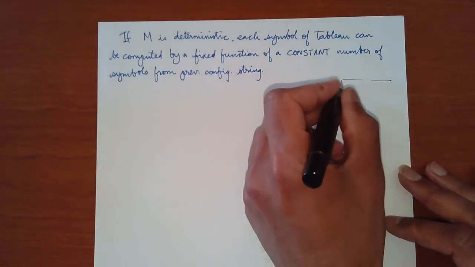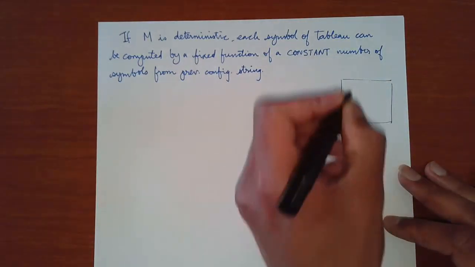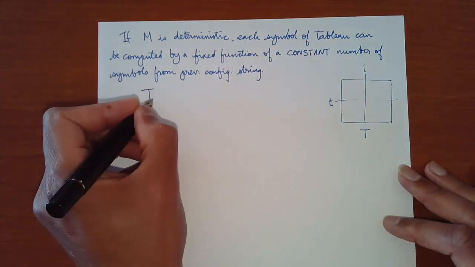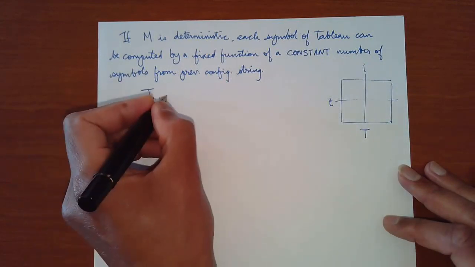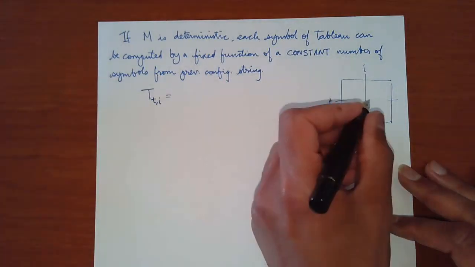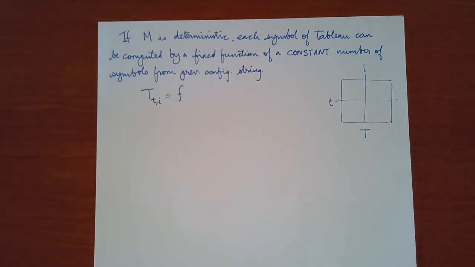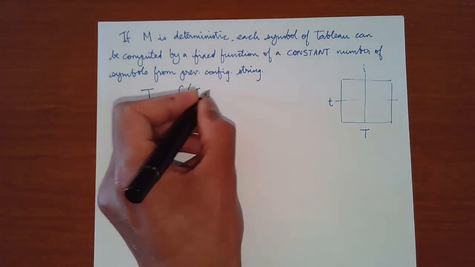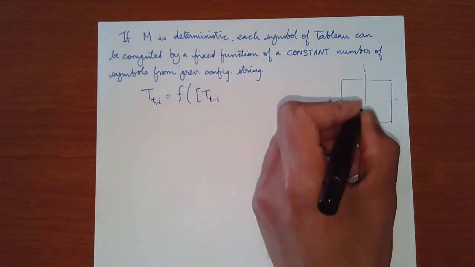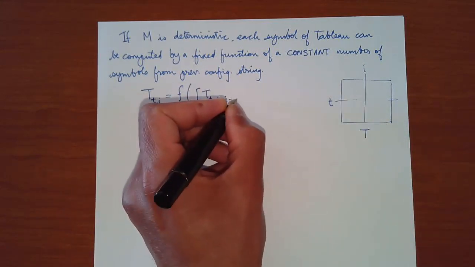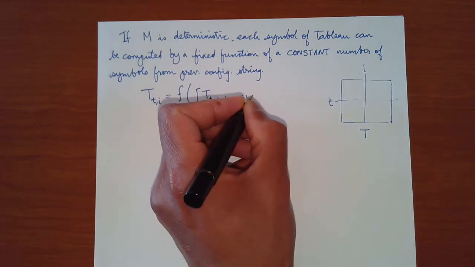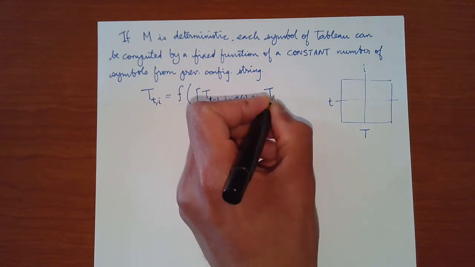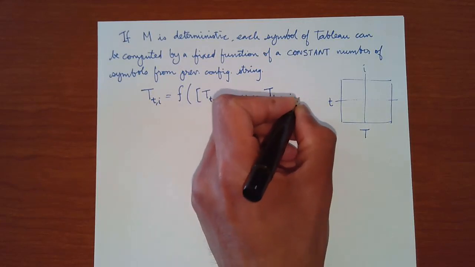So if I were to write down the tableau in binary, little t is time, so t of i is some fixed function, some function that I can write, of the array of characters from t minus 1, i minus theta of 1, going all the way up to t minus 1, i plus theta of 1.